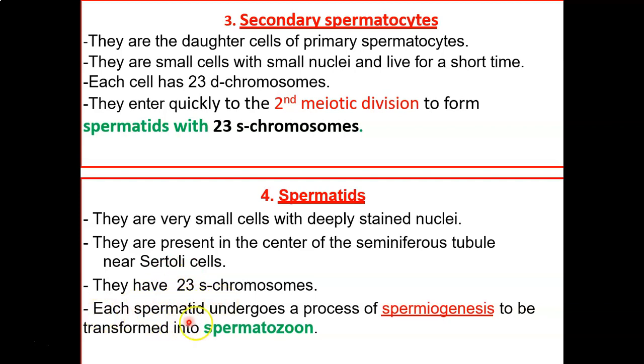Each spermatid undergoes a process of spermiogenesis to be transformed into spermatozoa. This process is not a dividing process, so no further subdivision of spermatids, but a transformation process called spermiogenesis in order to form spermatozoa.